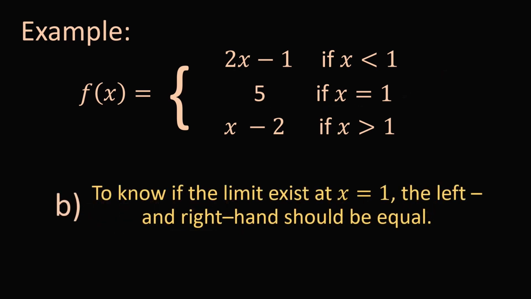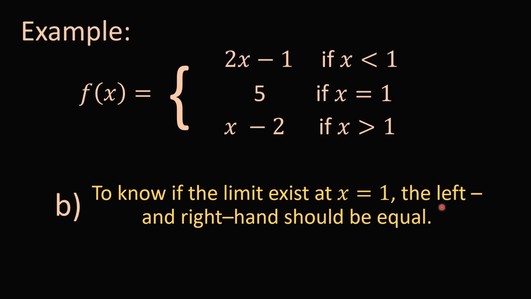Now, how about the second condition? Sa previous na mga examples na binigay ko, hindi ko na pinakita yung left hand and right hand limits. Okay? Automatically equal na sila. Usually, ginagamit natin yung pagpapakita ng left hand and right hand limit pag yung given function natin ay piecewise.